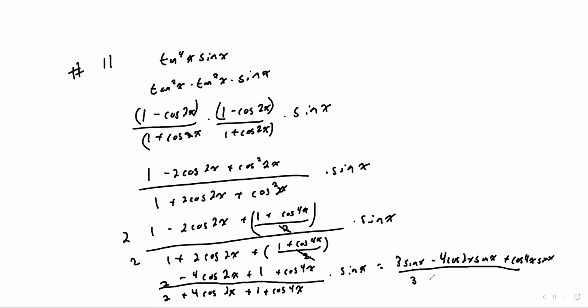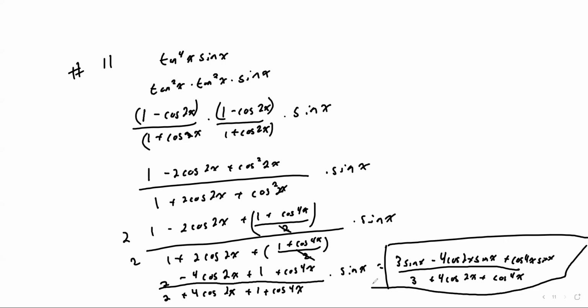So again, this will just be a 3 plus 4 cosine 2x plus cosine 4x. And again, to me, these areas here just look a lot better, but this is as far as they want you to go right there.